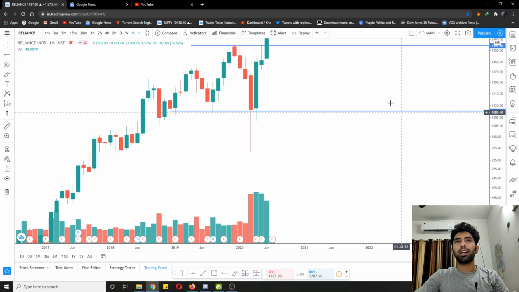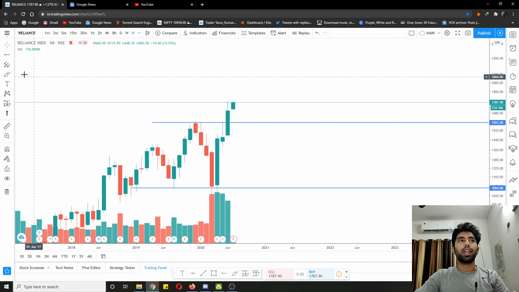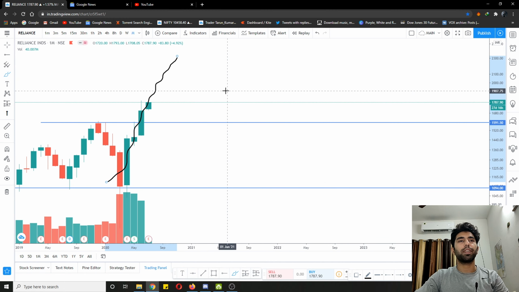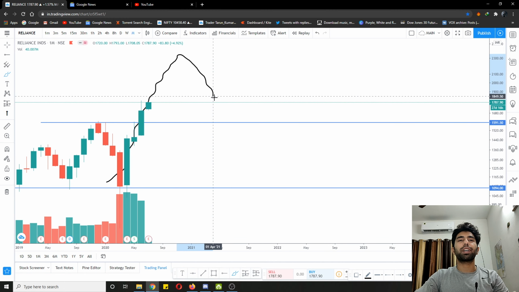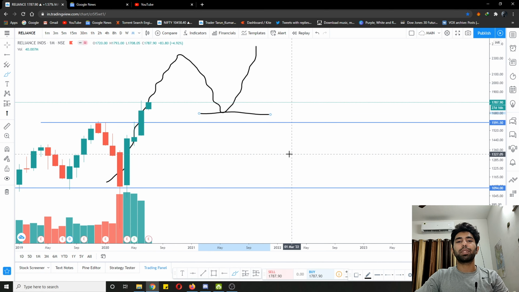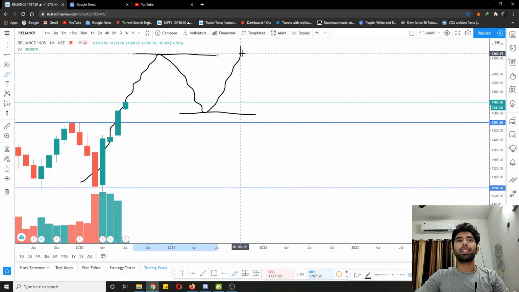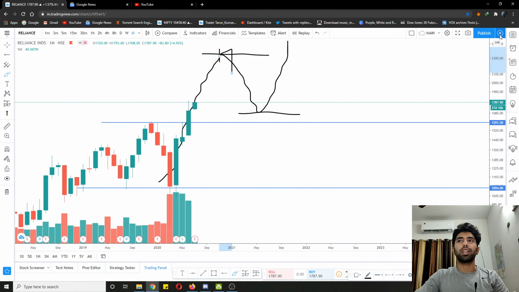So now we are in a bullish move, and how long this move will go, we cannot tell, and then we will have a correction, then we will go up, then this correction will become the support, and this swing will become the resistance, and then when the stock breaks this previous high, the uptrend will continue.